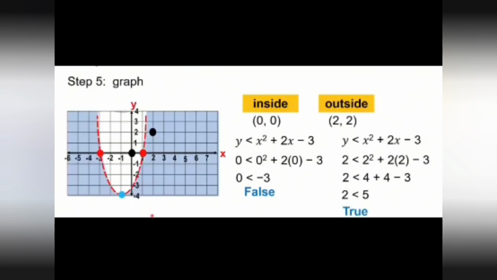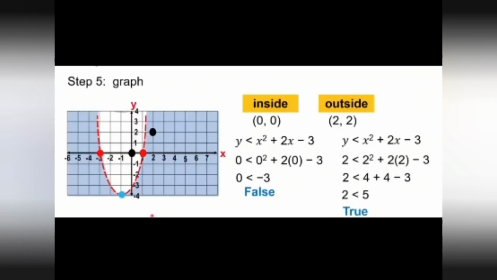After that, just do the math, which gives 2 less than 4 plus 4 minus 3, which is equal to 2 less than 5, which is true because 2 is less than 5.